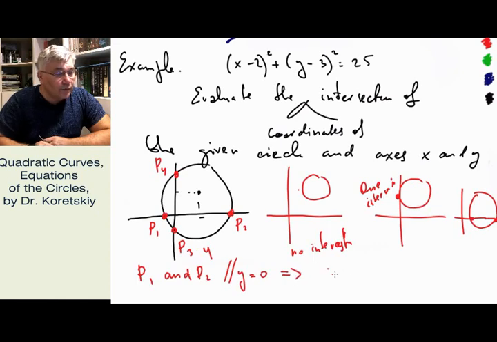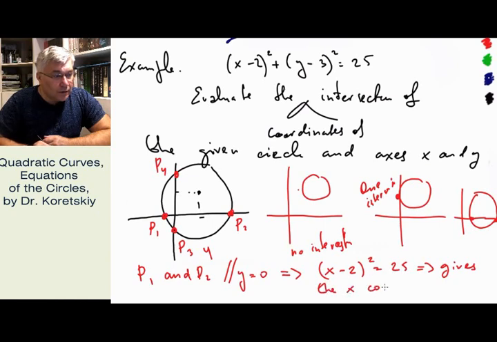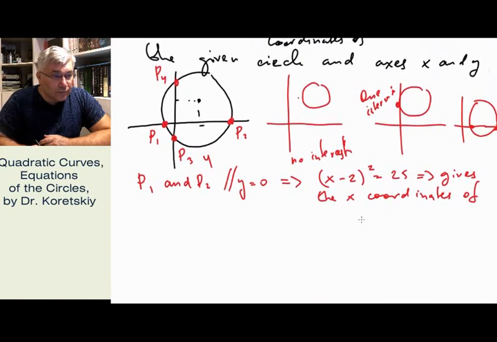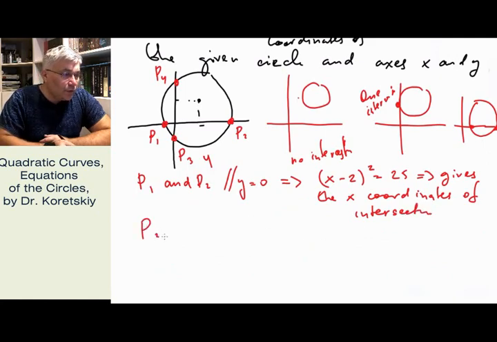Since that, we have x minus 2 squared equal 25. It gives the x coordinates of intersection of P2 and P4 points.